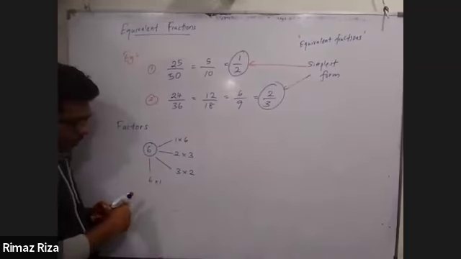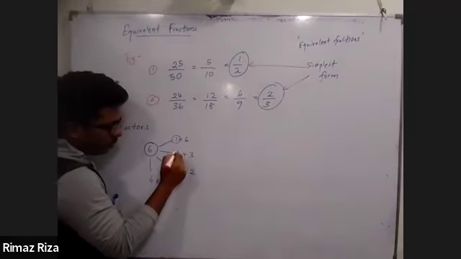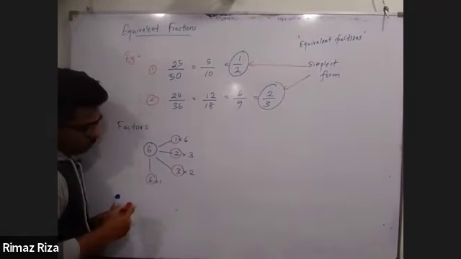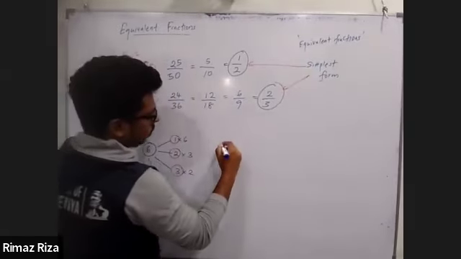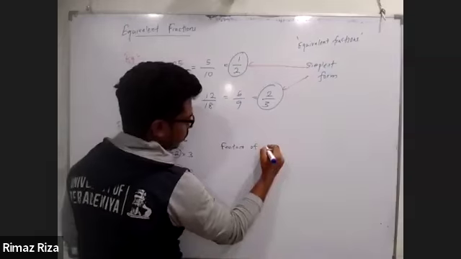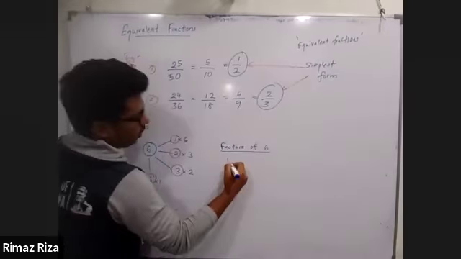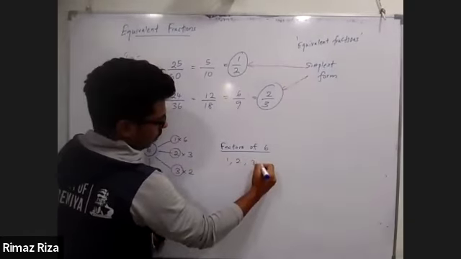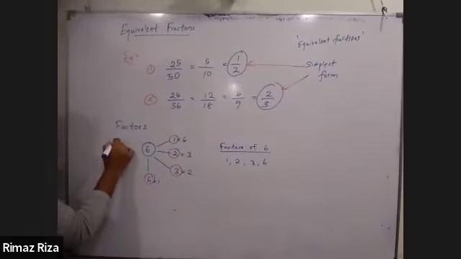So how many different numbers can we see? Here we have 1, 2, 3, 6. So therefore factors of 6 are 1, 2, 3, 6. So this is example 1.